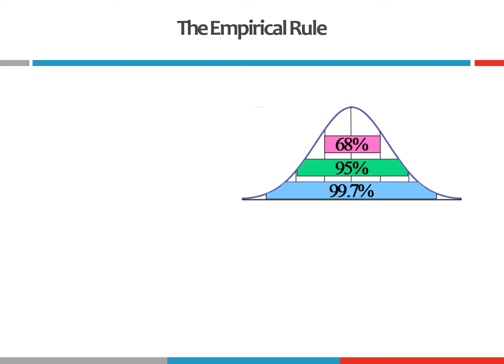Okay, so I want to return to a concept that I discussed in my last lecture on measures of variability, and that's something called the empirical rule.